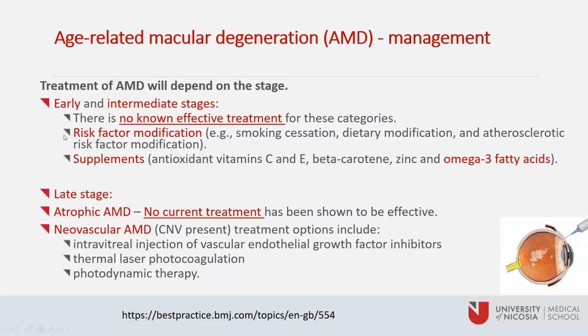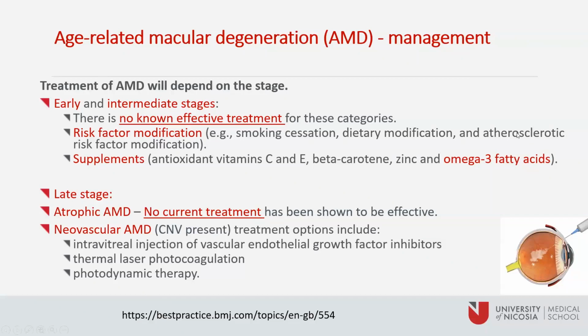But what we can do is to actually modify some of the risk factors, for example, to stop smoking, to change our diet, and also to reduce the atherosclerotic risk factors also. And also, there are some studies and systematic reviews that have concluded that the administration of supplements like antioxidants, vitamin C and E, beta-carotene, zinc, and omega-3, they do have an effect in terms of protecting or delaying the progression of an earlier stage of AMD to a later stage.